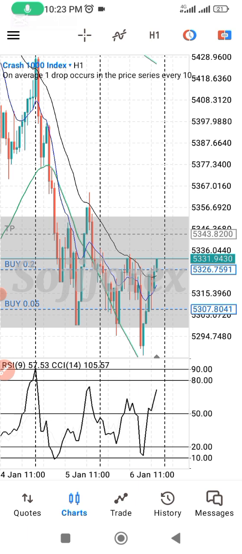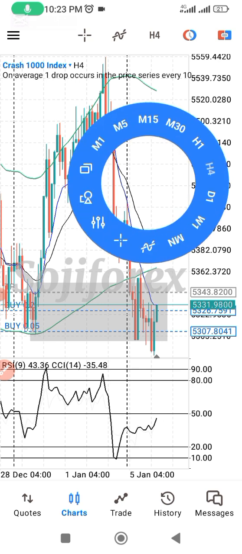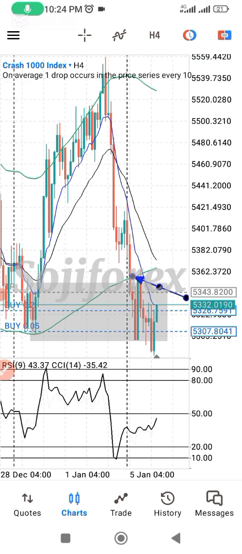First of all, for us to do this, we go to our H4 to begin our analysis. So this is our H4, and we said whenever price is below the middle Bollinger Band, we are in a downtrend, and whenever price is above it, we are in an uptrend.